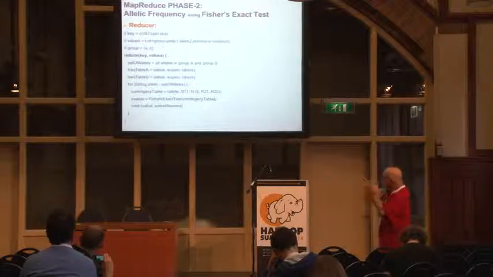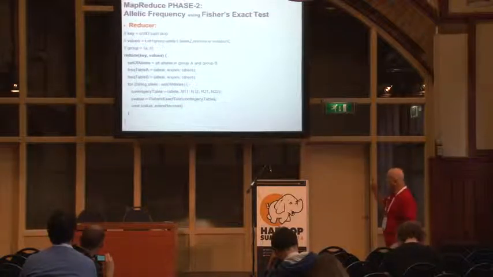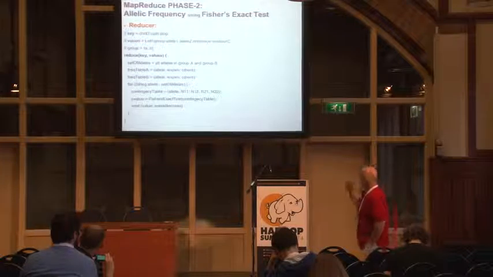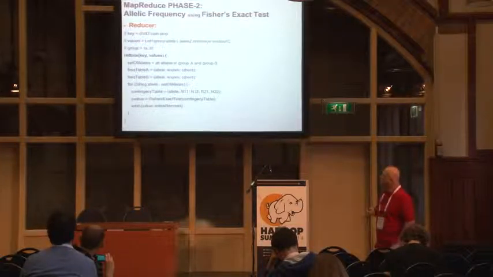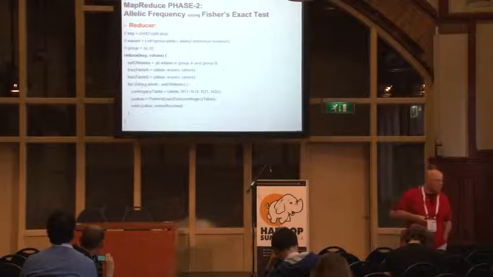So you form your contingency tables for all of the alleles, and eventually call the Fisher's exact test on the contingency table. And once you have the p-value, you can emit the value and the entire record.